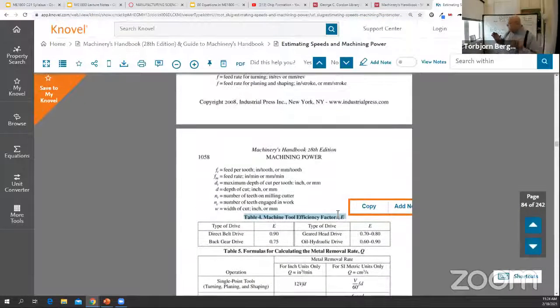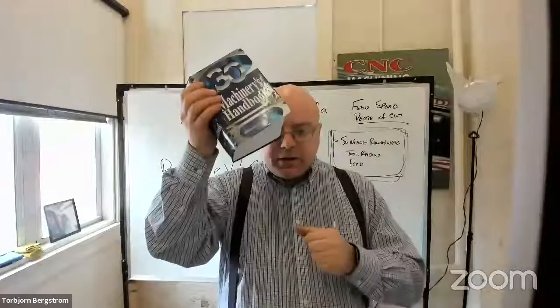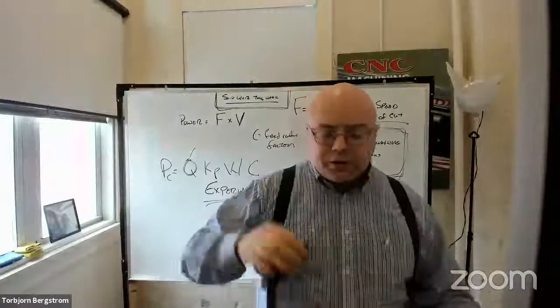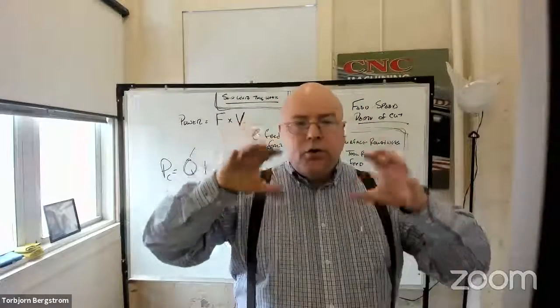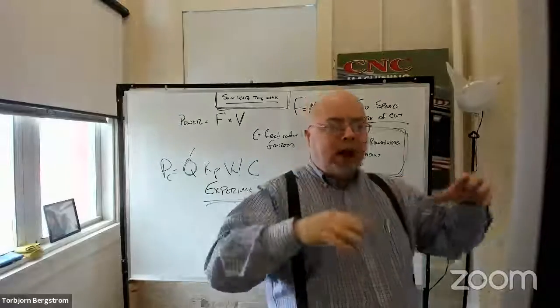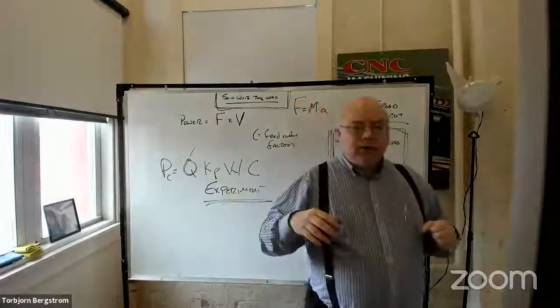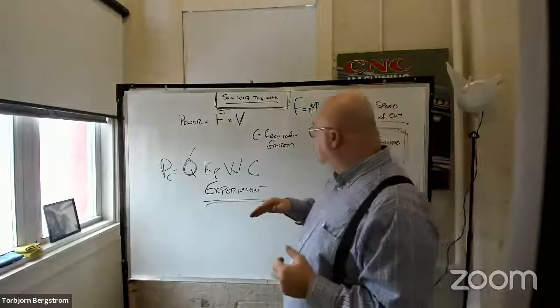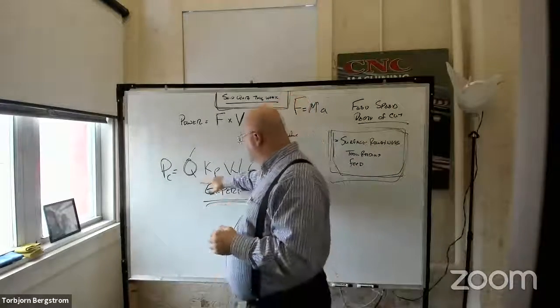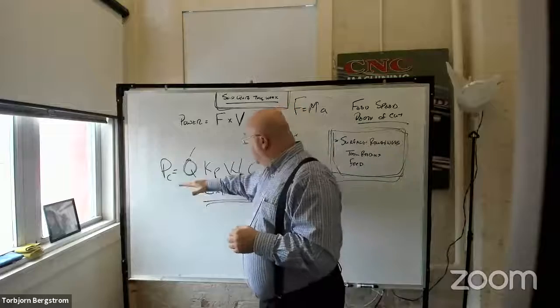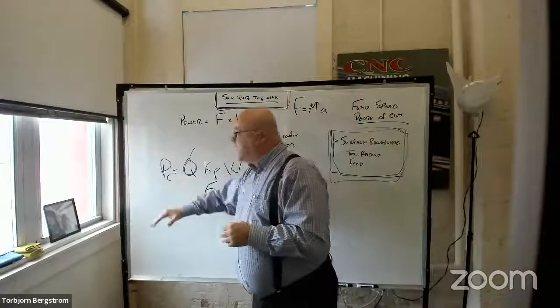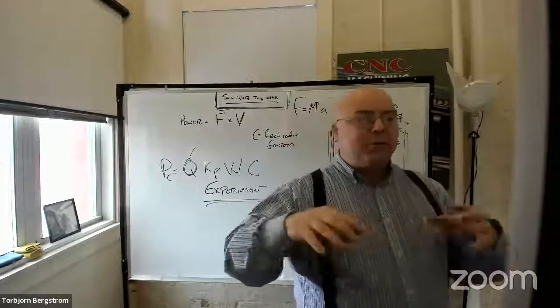So based on the information in the Machinery's Handbook, or the online version of it, you can now estimate the power for cutting as long as you know what material you're cutting, and as long as you have already selected the material removal rate, the feed, speed, and depth of cut.